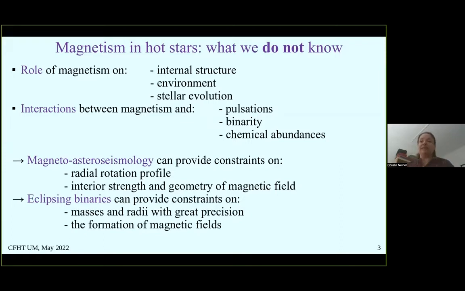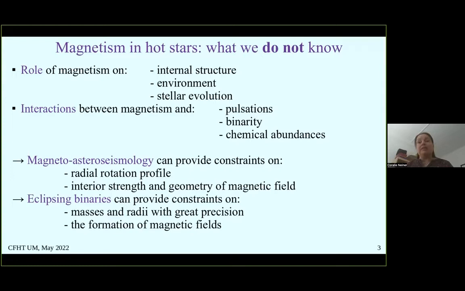And to study these things and understand these physical properties, we have several ways to go. I want to concentrate here on two. First, magneto-asteroseismology, which is the seismology of magnetic pulsating stars. This can help us understand what happens inside the star, so the internal structure, and in particular the radial rotation profile.